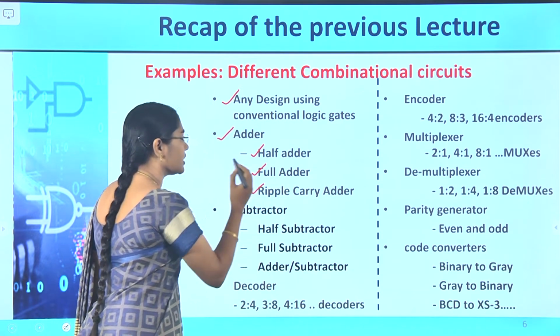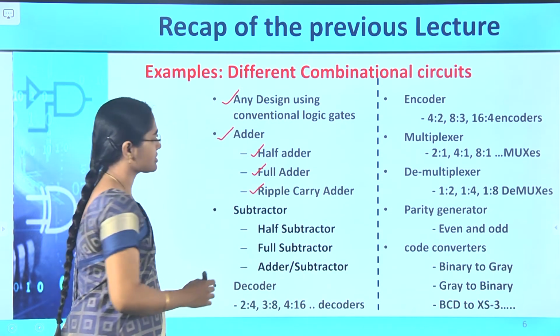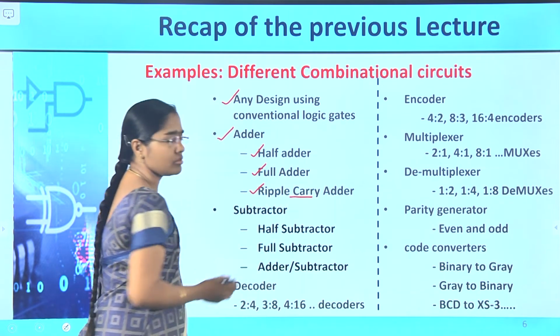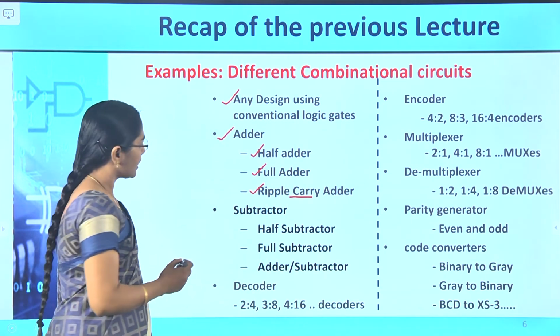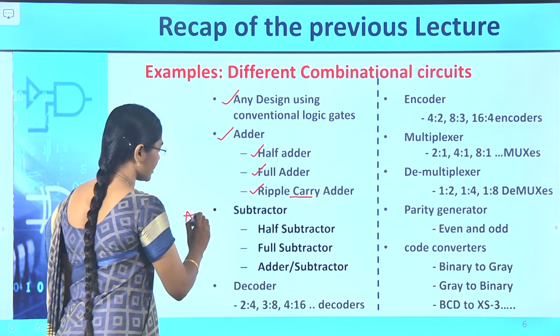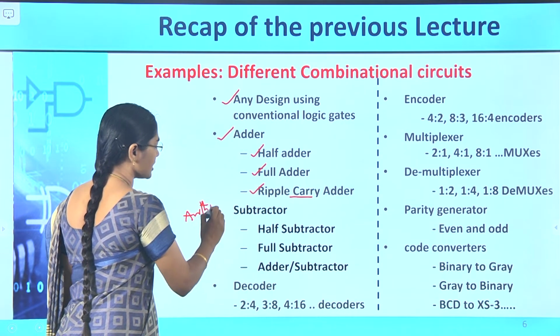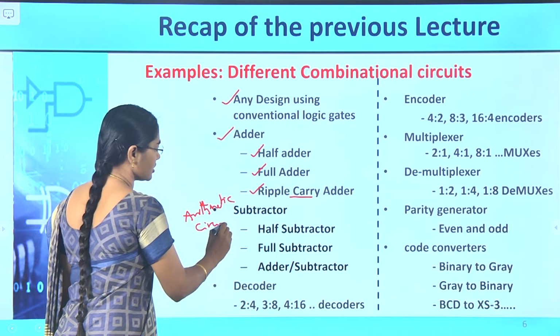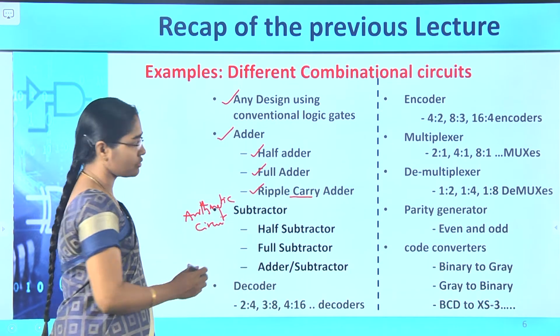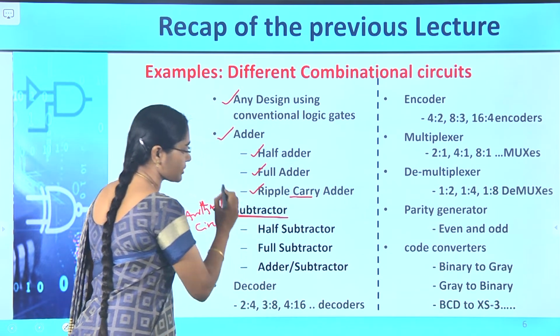After that, using the full adders and half adders, ripple carry adder design also we have seen in the last lecture. And as a part of arithmetic circuits, today we are going to see subtractors.